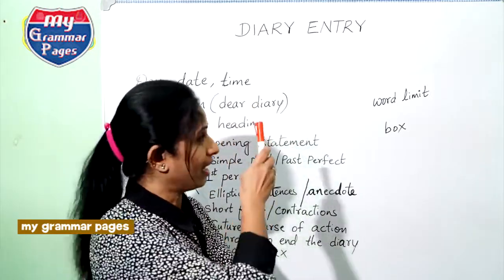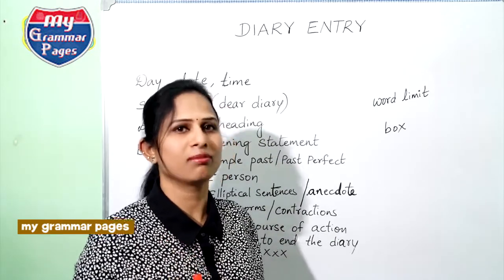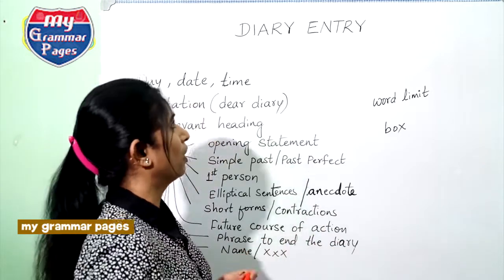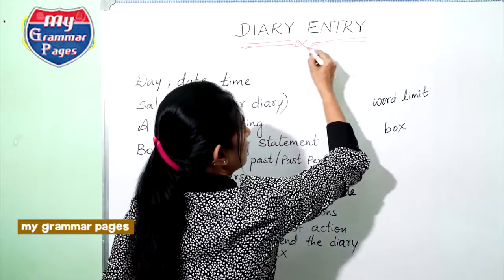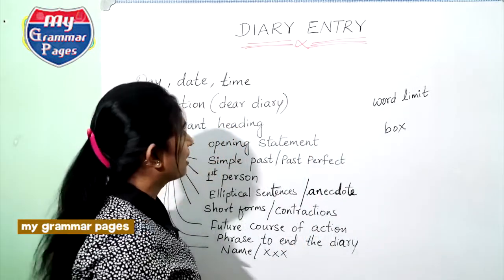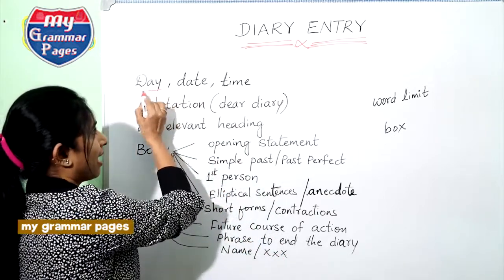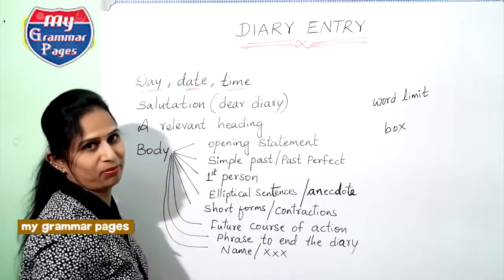So today I have brought what those features are, what the points to be remembered are in order to write the diary. So first of all, our class is about diary entry. Now the points to be remembered are, first, day, date and the time.